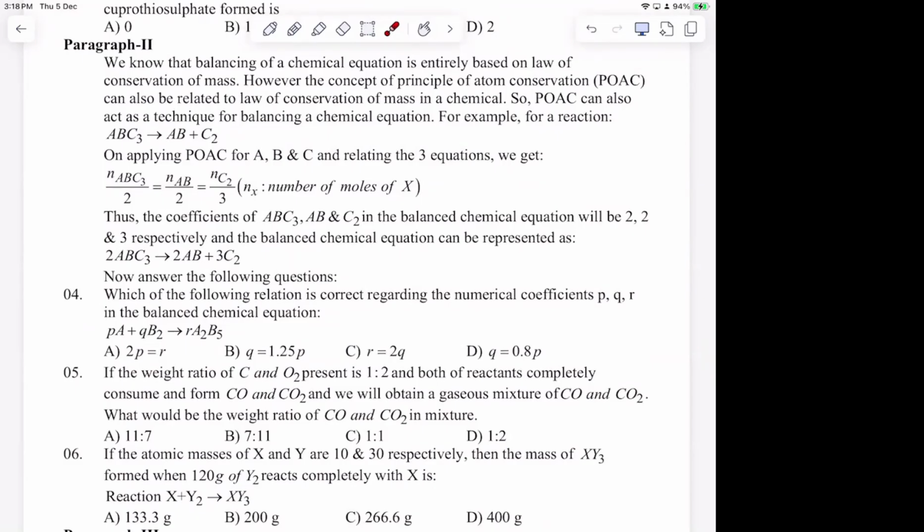Basically, it is a question related to the principle of atom conservation, POAC. Usually, if you want to conserve any atom here, suppose you are conserving the number of moles of A, applying POAC for ABC, the number of moles of A here is equal to the number of moles of X. Okay, this entire paragraph is just explaining POAC.